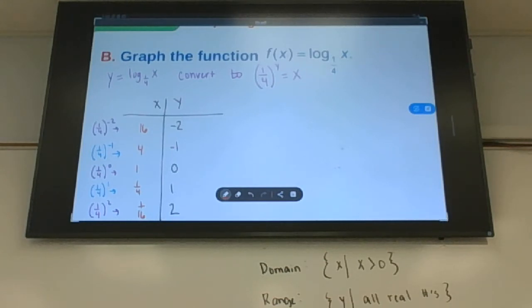So 1/4 to the -2, the reciprocal will be 4 squared, which is 16.